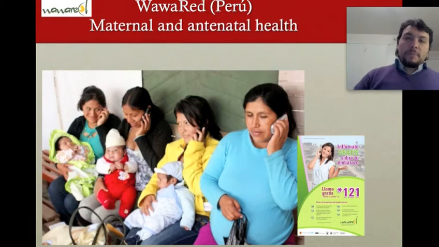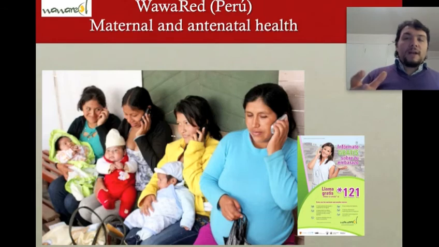In Peru, from a few years ago, there has been a project called Guagua Red, which provides potentially vital information for expecting mothers and recent mothers in Peru. Usually, urban mothers have access to their own mobile phone, and through it they receive text messages, and they can also make free calls to get the right information according to their own health needs.